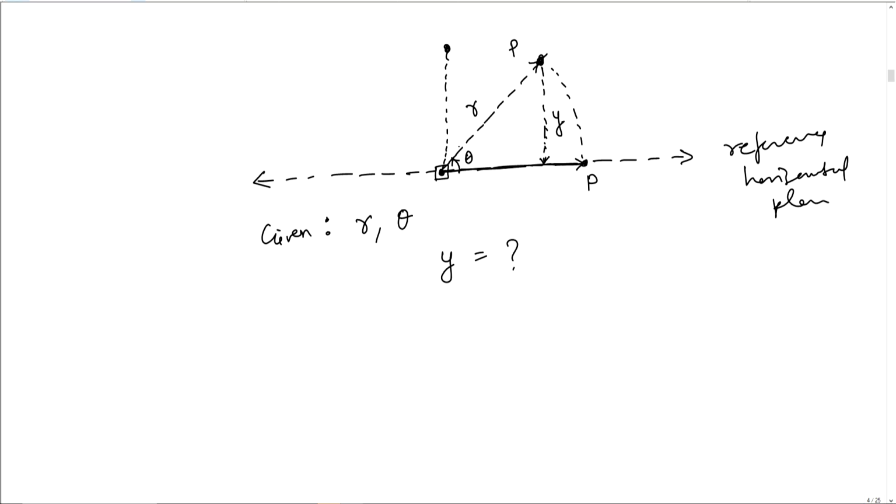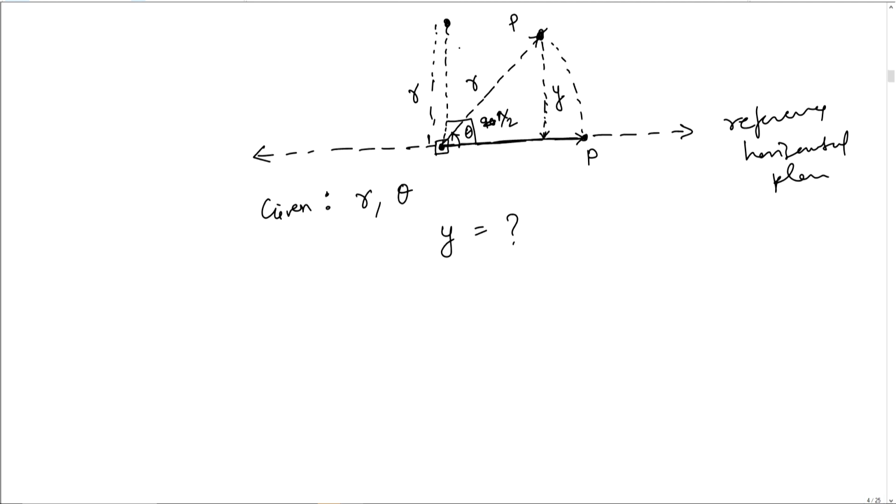At that point this angle would be 90 degrees, or pi by 2 in radians. And the height of this point from the ground becomes r, exactly the same as the length of the ladder.